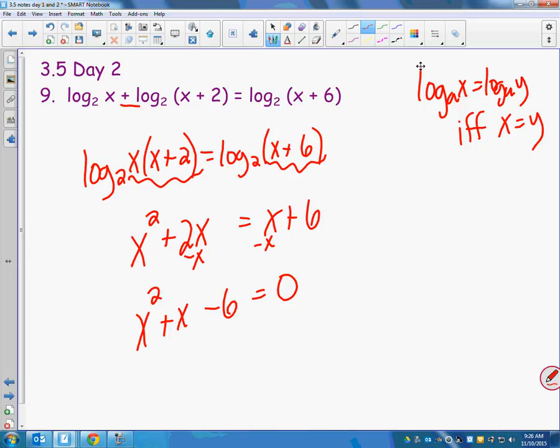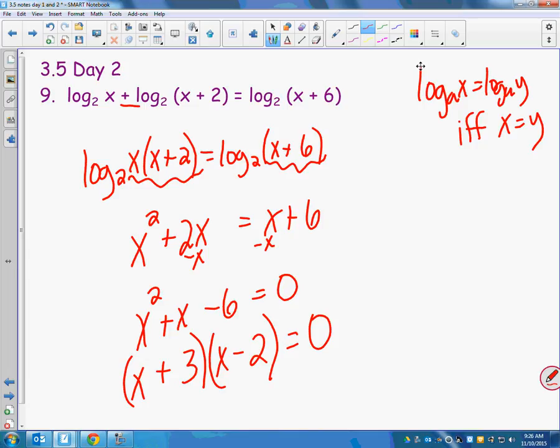Can we factor that? Three times 2 equals 6. Positive 3, negative 2. Does that work?